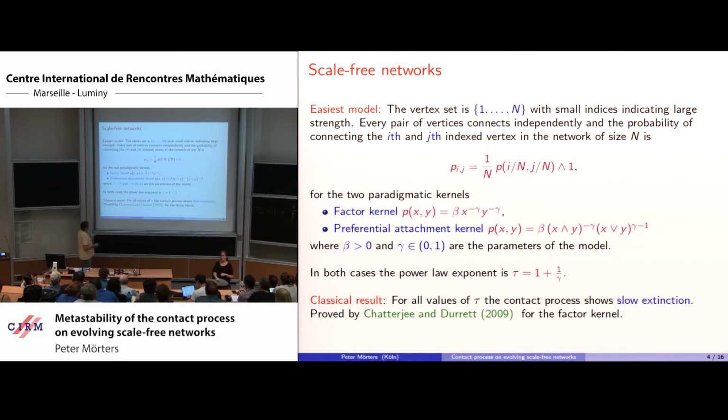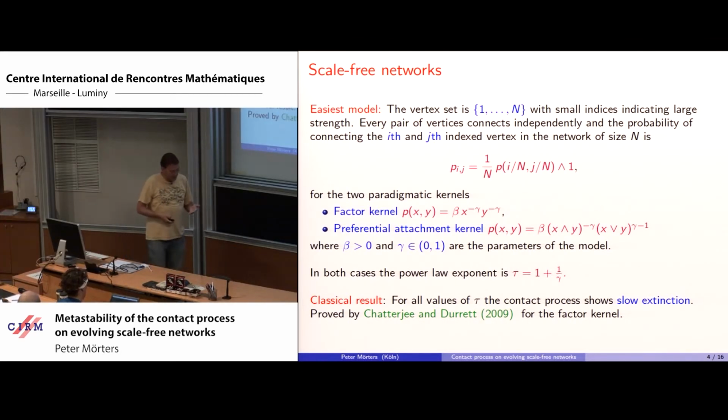So what we have here is a different behavior from the mean field behavior of this static network, and this is possible because the contact process, when it spreads the infection, reuses edges.